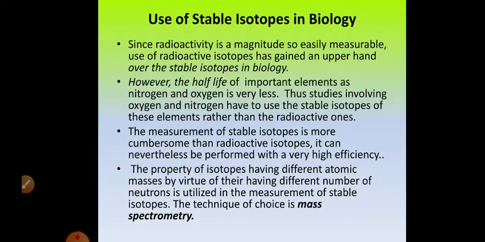So the studies involving oxygen and nitrogen have to use stable isotopes of these elements rather than radioactive ones. Certain elements whose isotopes are of use in biology have a very short half-life and are unstable. In that case, we have to use the stable isotopes of these elements, like the stable isotopes of oxygen and nitrogen.